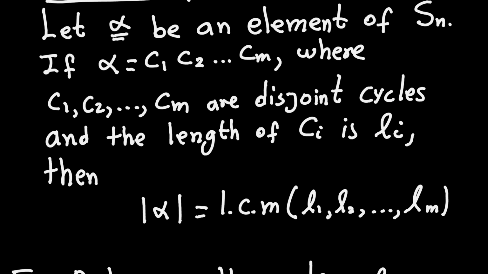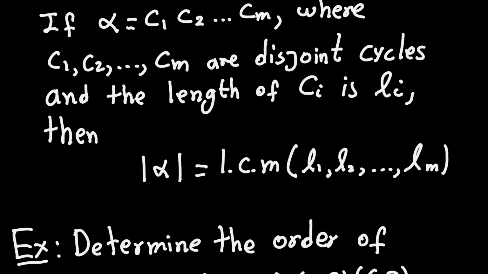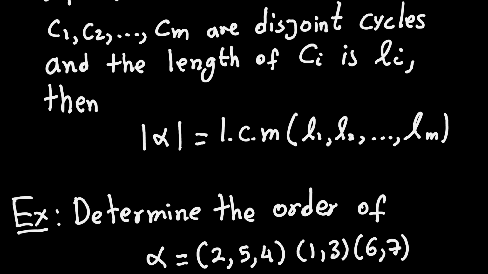So C1 has length L1, C2 has length L2, and Cm has length Lm. If we know all of that, then the order of a permutation, which is what the notation here means, is the least common multiple of the lengths of all the disjoint cycles in that decomposition.